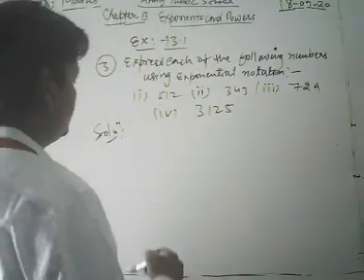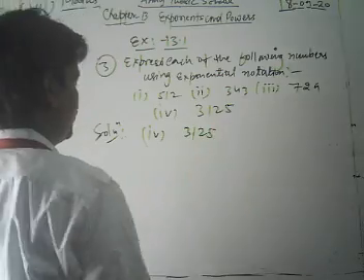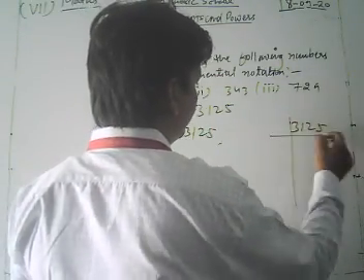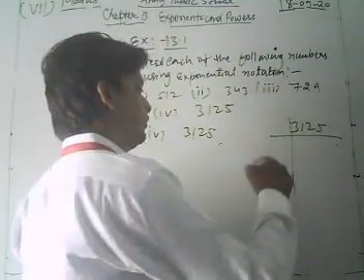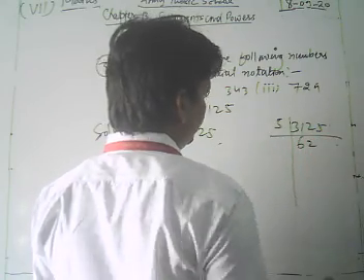Now we take and solve the last part of this question, which is 3125. First of all we do prime factorization of 3125. Now look. First of all we take 5. Again by 5, 5 1s are 5. Again by 5, 5 2s are 10, 5 5s are 25.